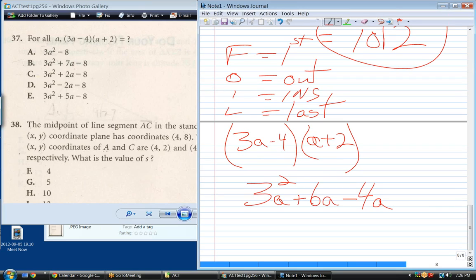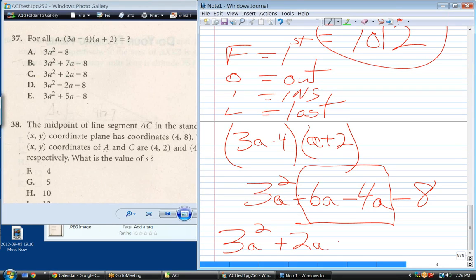And the last two terms are going to be minus 8. And now I can combine these two, because they're the same things, they're a's, to come up with 3a squared plus 2a minus 8. Here's your answer. I forgot about the 3a times 2.